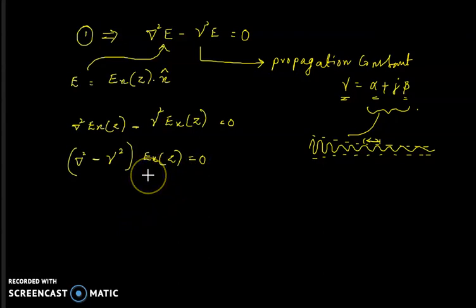When we solve it, we can see that it has only a z component, and if we represent it in pure differential form, we can write it as d square by dz square minus gamma square, Ex of z equals 0. So from this we can take it out.